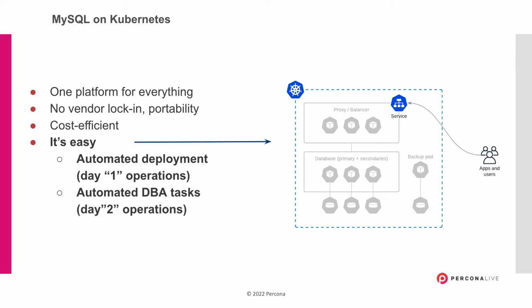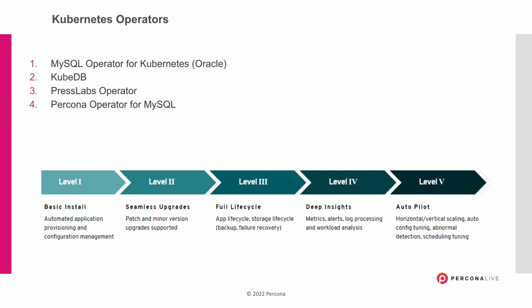So you're just talking to a service. The operator aims to solve for you the easy part that you count on when you consume something as a service: automate deployments and automate typical database administrator tasks.